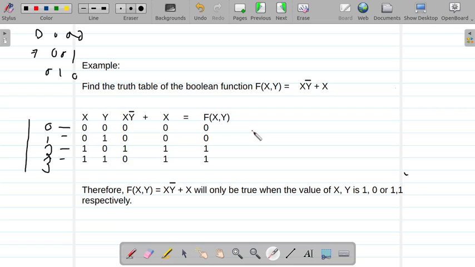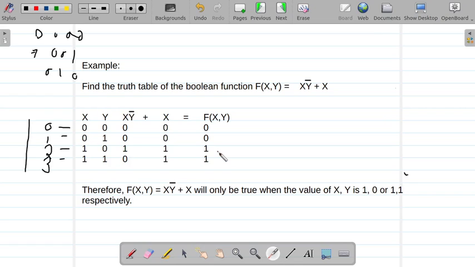This is different, because Boolean algebra is different from binary addition. Boolean algebra involves only 0 or 1, so the answer is either true or false. If both variables are true, the output is still true. So 1 or 1 is equal to 1, which is true or true is equal to true.